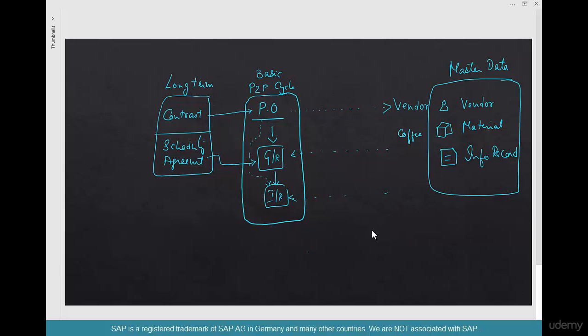We have gone one step further, and then after some time, say we think that more vendors are out there supplying coffee, we thought, why not ask these other vendors for a quotation and see if they provide a better price. So all along we have been doing only business with 4001 ABC Foods. Now we want to expand our vendor network, and we sent these RFQs to all the different vendors.